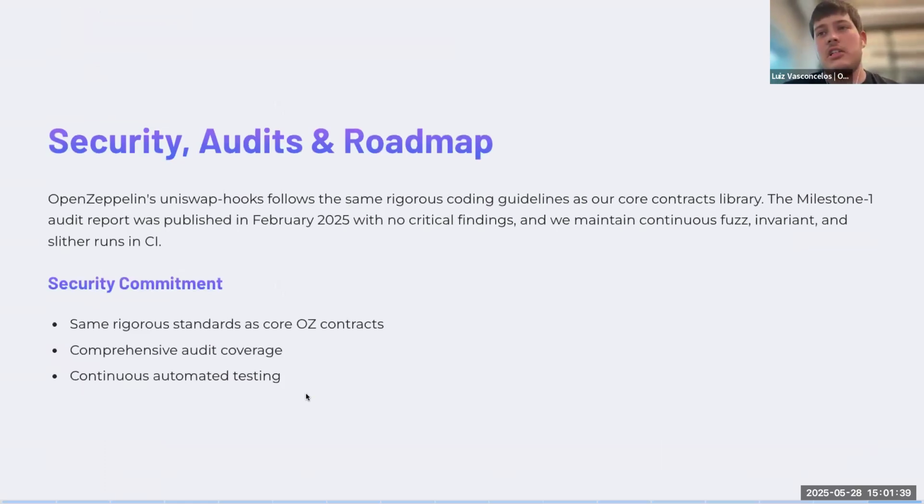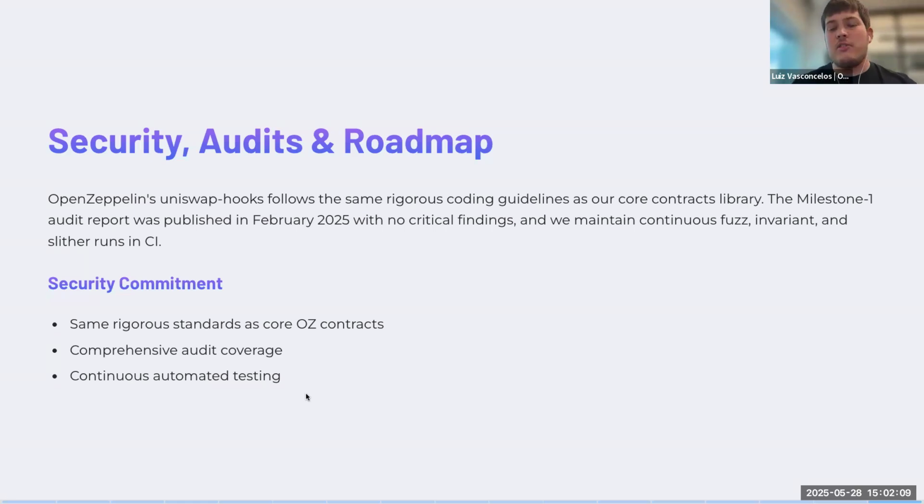Yeah, so just some things on the roadmap. We have a lot of guidelines for how we build at OpenZeppelin. Security is the number one topic for us. So in this presentation, I tried to talk about some of the points we need to take into consideration when developing any smart contracts and hooks.